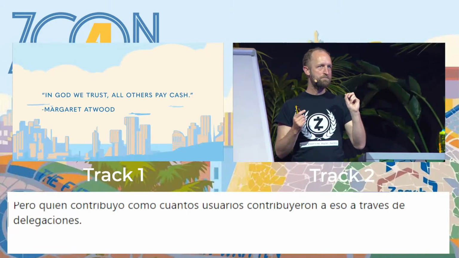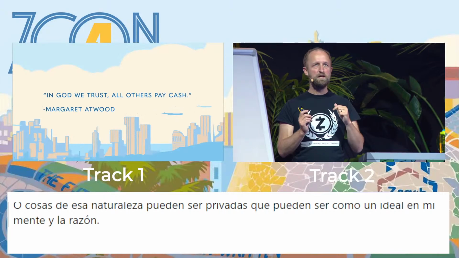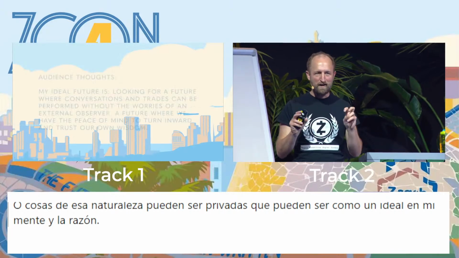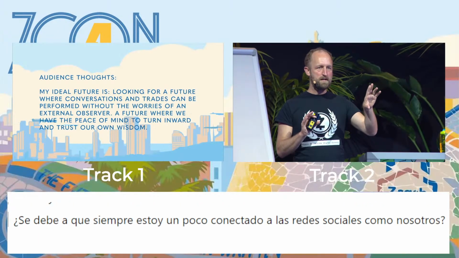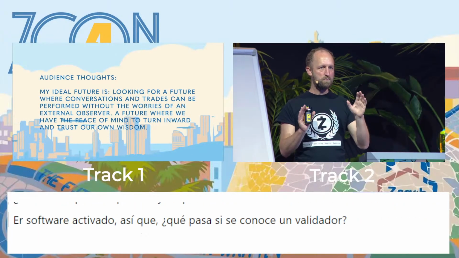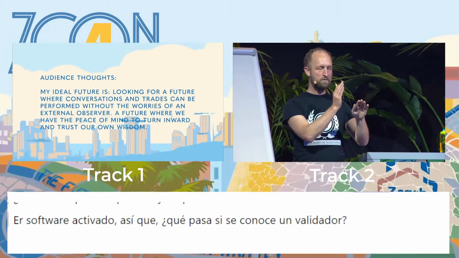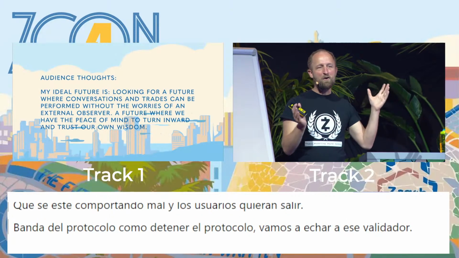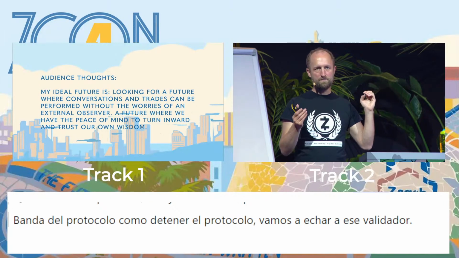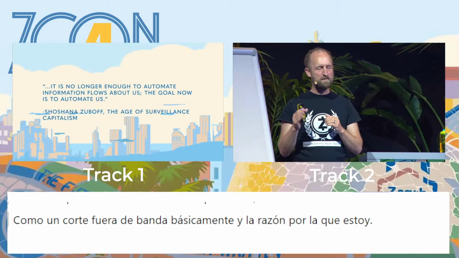And the reason is because I'm always keyed into user activated soft forks. What if a validator is known to be behaving poorly and the users want to, out of band of the protocol, halt the protocol and kick out that validator, like an out of band slashing basically. I'm really keyed into that because I think it happened once with Steam and Hive.